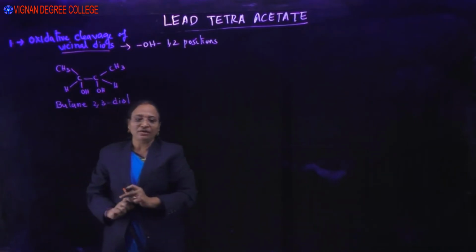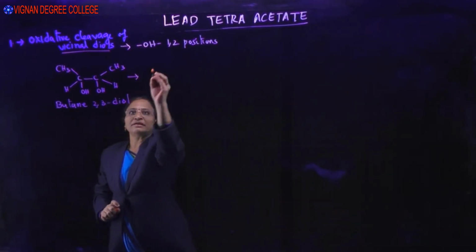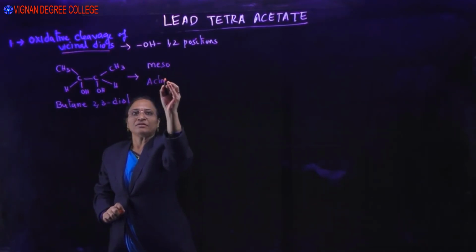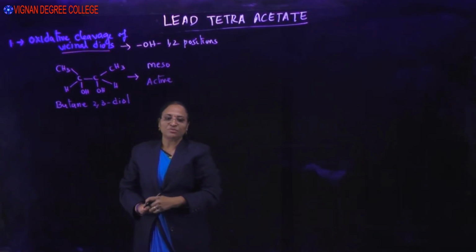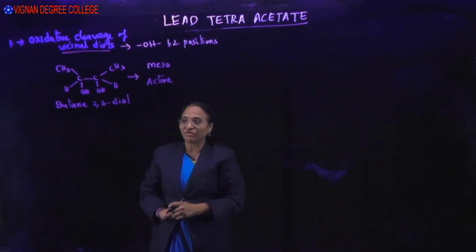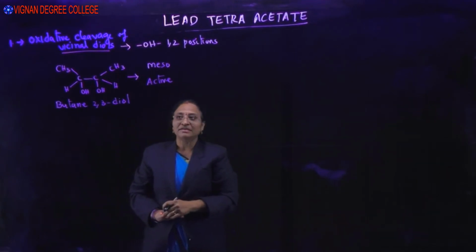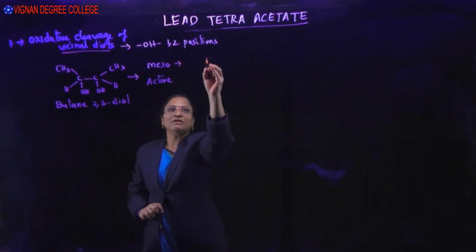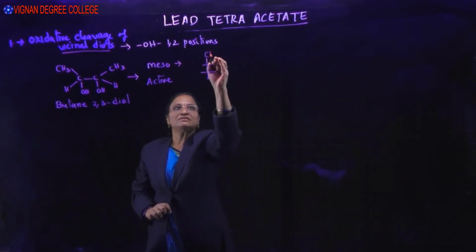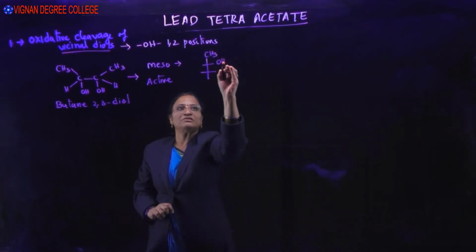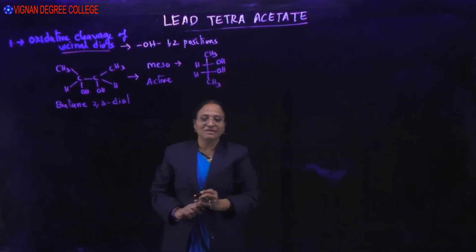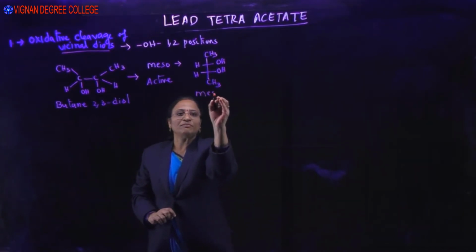This vicinal diol can exist in 2 forms, either a meso form or an active form. Meso form means the 2 hydroxy groups are present on the same side. If they are present on opposite sides, it is called the active form. If I write the structure of the meso form, it is like this: CH3, OH, H. In the Fischer projection formula, if both hydroxy groups are on the same side, this is called the meso form.